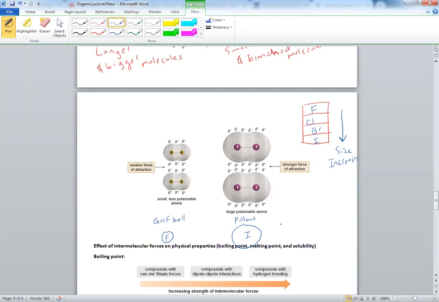So that would make it very polarizable. Less polarizable. So that's the idea here, the distorting of this electron cloud.